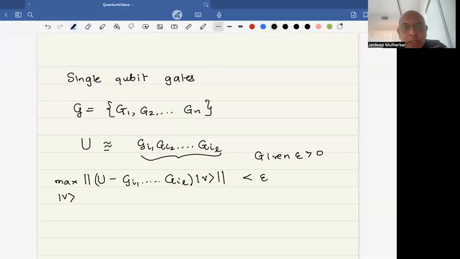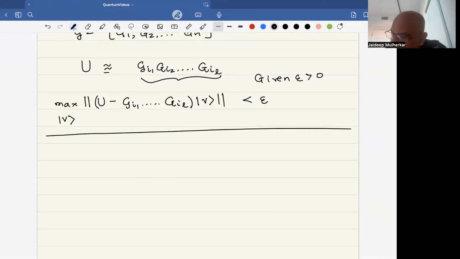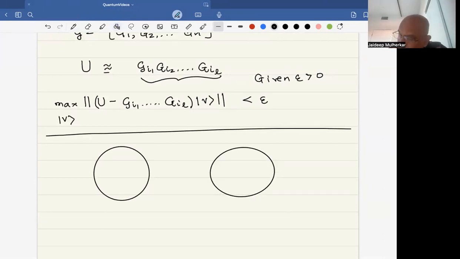All right. Talking about single qubit gates, last time I talked about the Bloch sphere picture. I said last time that a quantum gate is a rotation by some angle about an axis of the Bloch sphere. Let's say this axis is determined by the vector n, and we have another axis m.